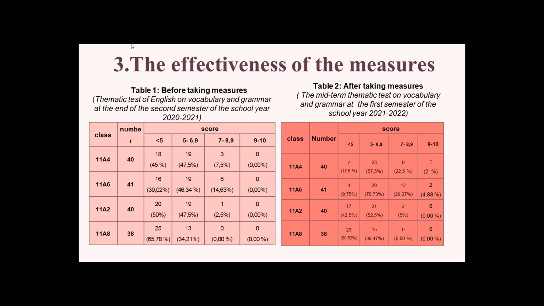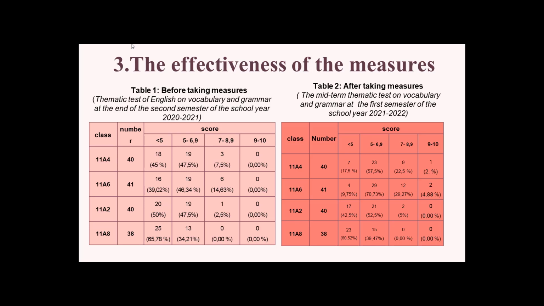And at table number 2, after taking the measure, the midterm test at the first semester of the school year 2021-2022, it can be seen from the table that the percentage of students who get insufficient marks on tests of vocabulary and grammar has decreased significantly in classes 11A4 and 11A6.